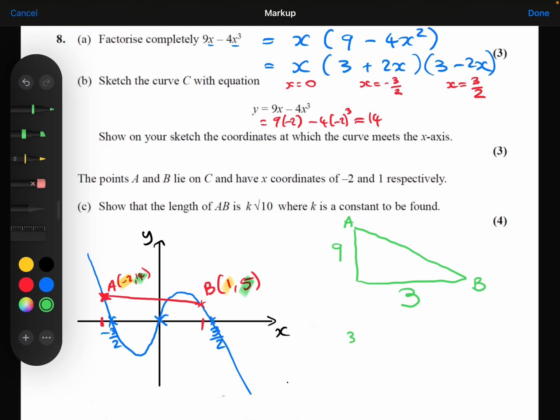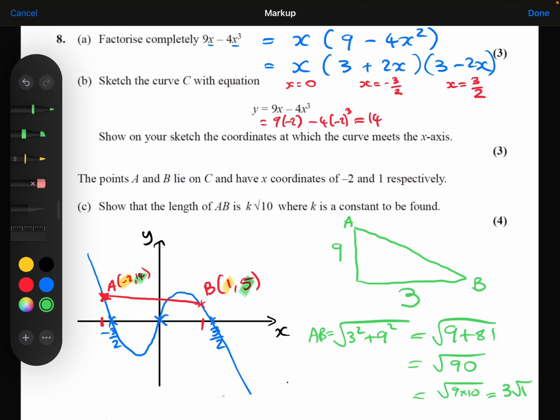So 3 squared plus 9 squared, square rooted, is 9 plus 81, which is the square root of 90, which I can think of as being the square root of 9 times 10. The square root of 9 is 3. So 3 root 10 is the distance between A and B, which makes sense with what they've asked me to show here. So k is 3.